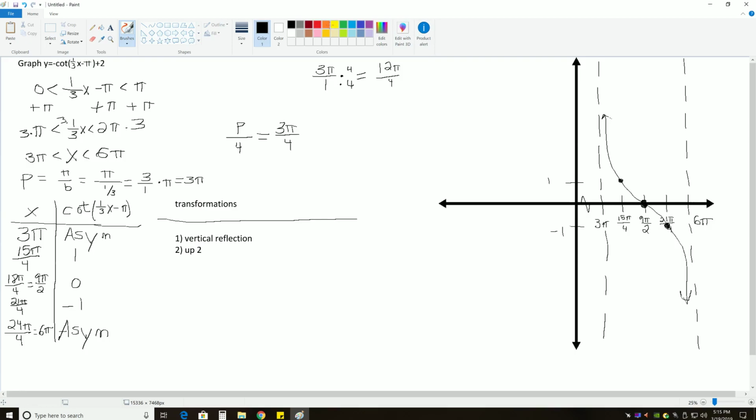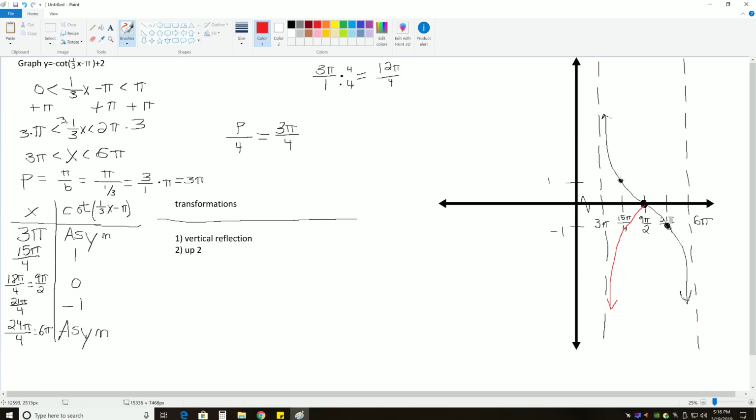So I'll do my vertical reflection in red. Remember, a vertical reflection means you take anything above the x-axis and put it below, anything below and put it above. So this top part here is going to flip downward like so. And it always helps to redraw these key points.